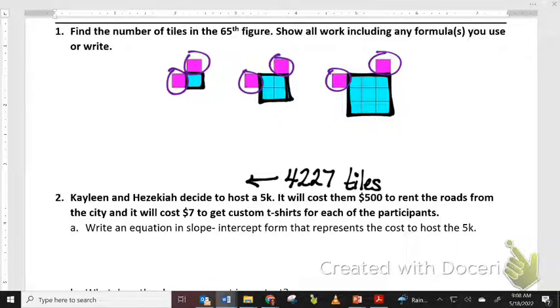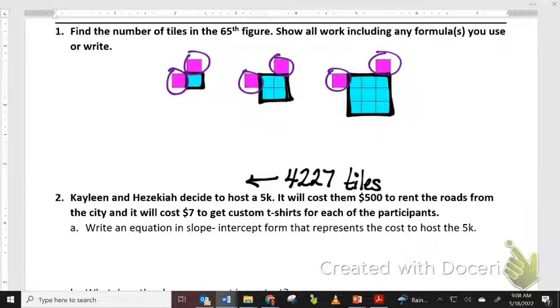How would I represent symbolically that each time I make a pattern, it has two extra squares attached to it? Add 2, or plus 2. That is this part right here, this plus 2. That's representing those two purple squares.